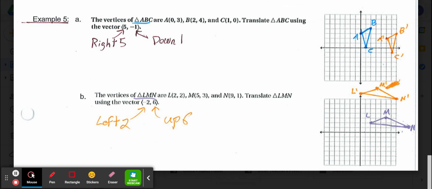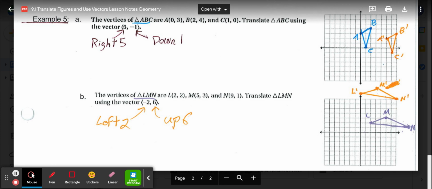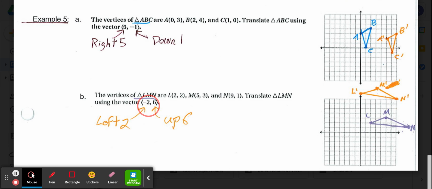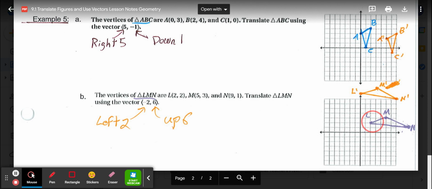So in B, vertices of triangle LMN are (2, 2), (5, 3), (9, 1). I know it goes off the coordinate plane, so just do your best to estimate it. So right here is triangle LMN. Now our vector is <-2, 6>. So that means we're going left 2, up 6. So I'd take point L, go left 2, up 6. Take M, left 2, up 6.